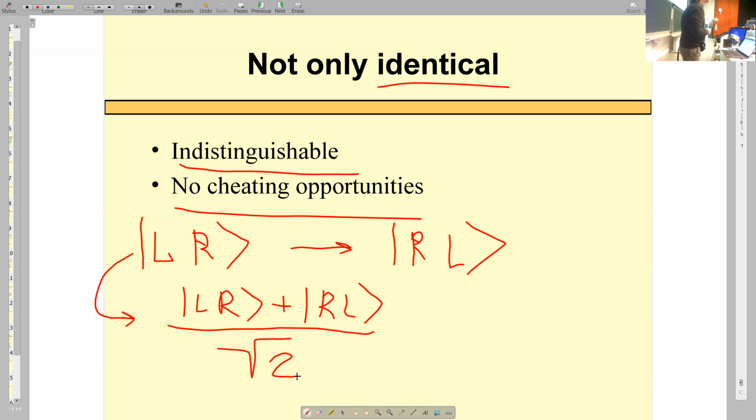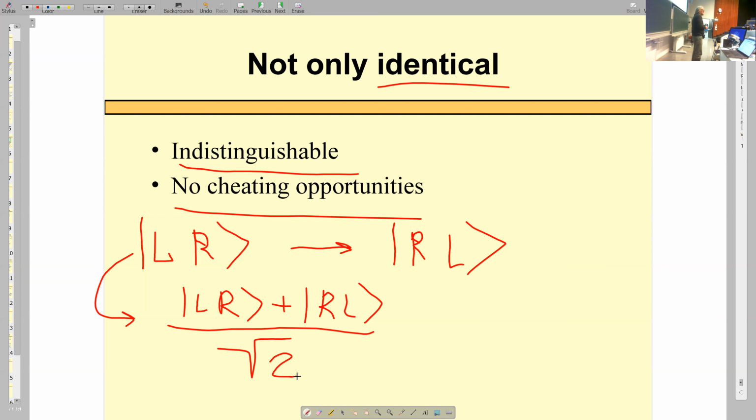Why? Very good. Then it's normalized properly. So if I have this state, what will happen if I exchange the particles? Nothing. I'll be in the same state. So I won't be able to cheat you with this.